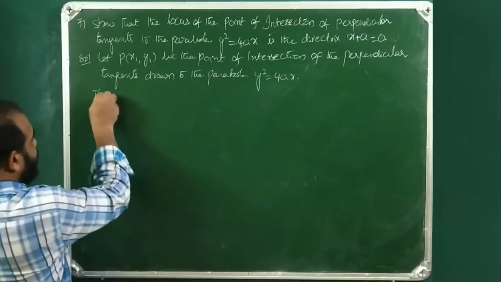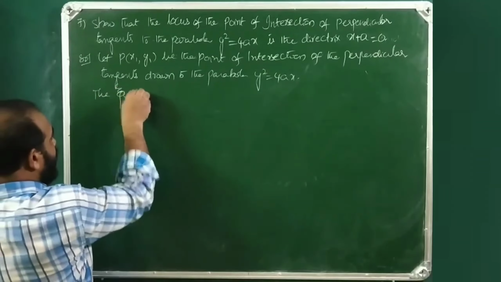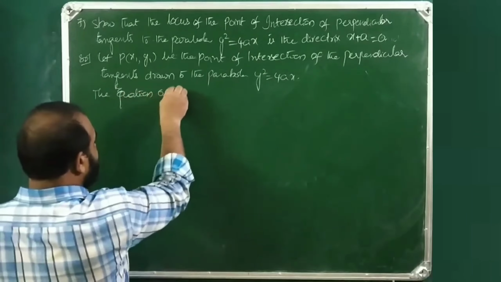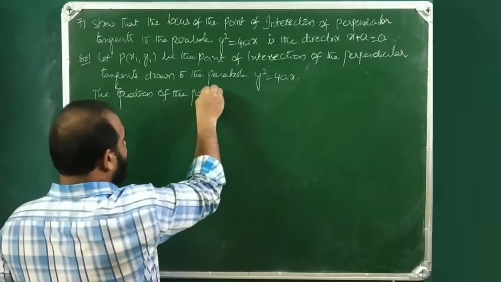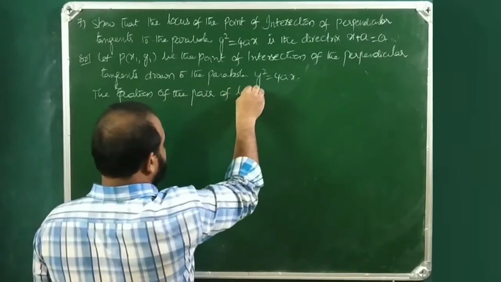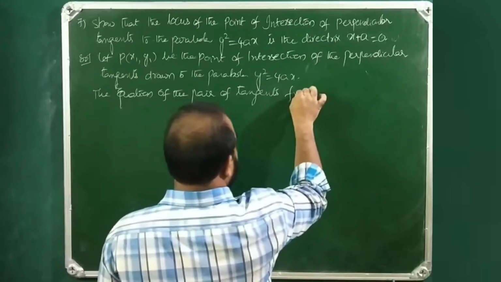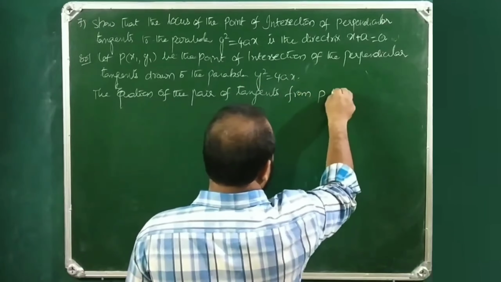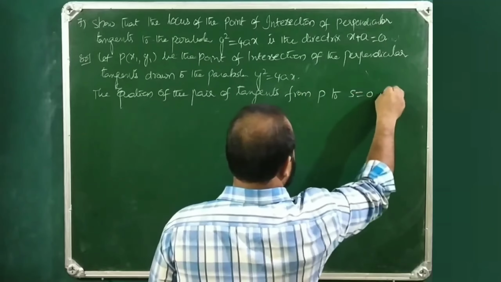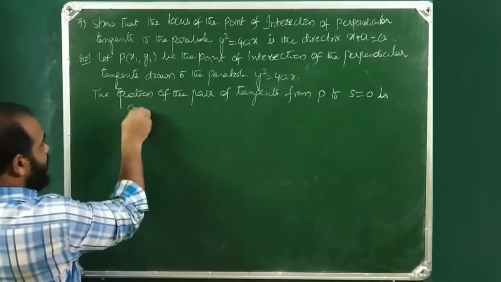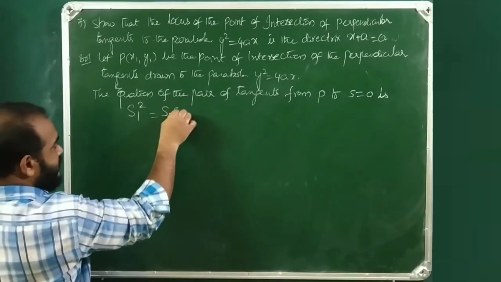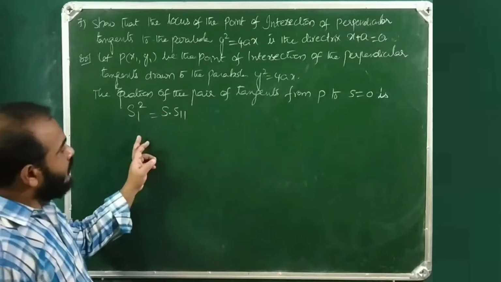The equation of the pair of tangents from P to the parabola S equals to 0 is S1 square is equals to S into S11.